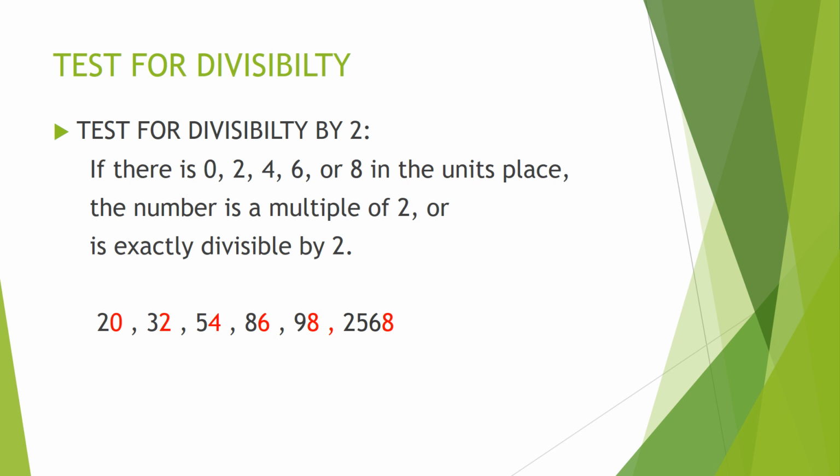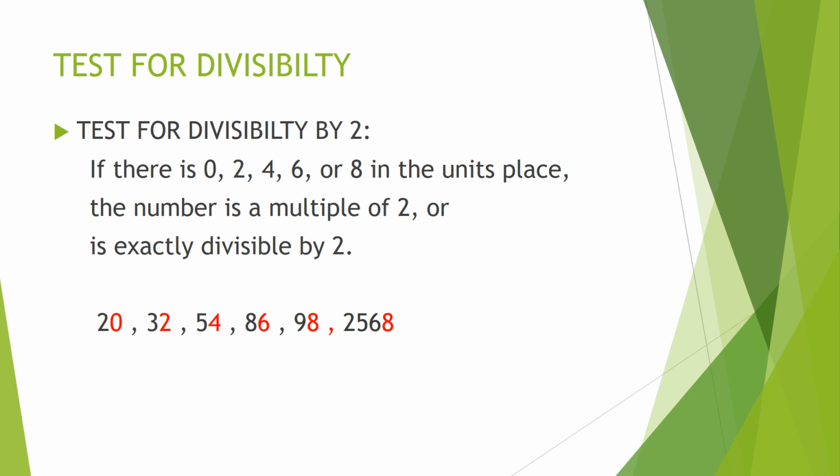So this is fun, children, as just by looking at the number, I repeat, just by looking at the number, we can say whether a particular number is divisible by 2, whether it is a very big number or a small number. But there is a certain rule regarding that.